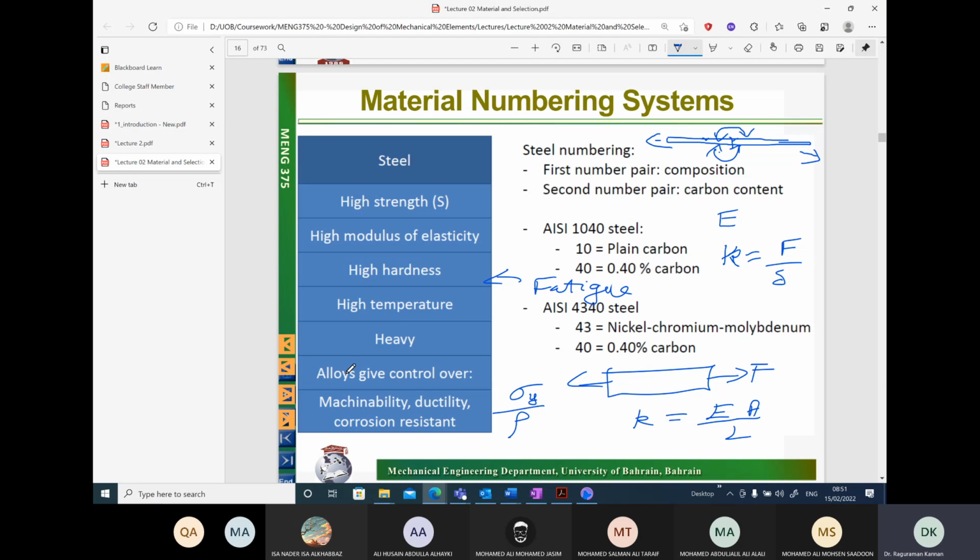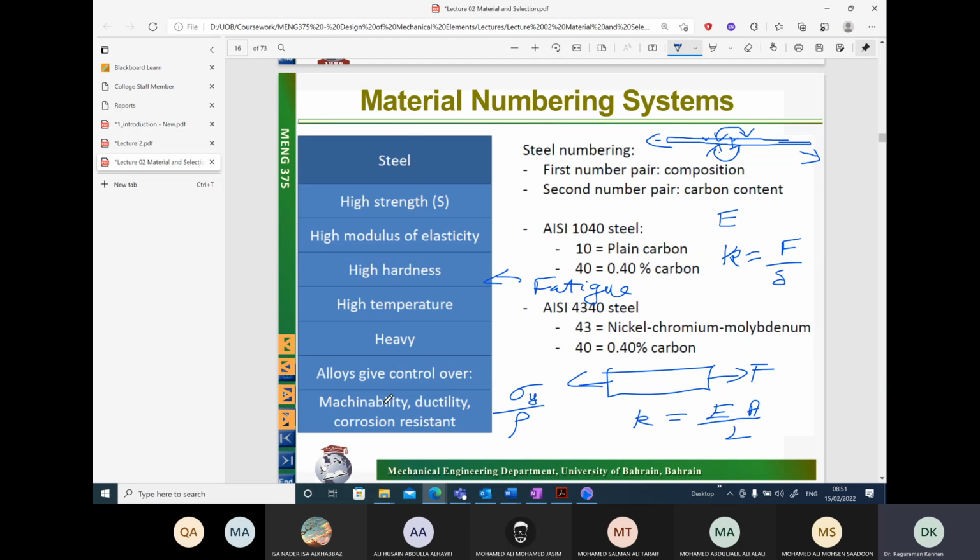By adding different amounts of elements, for example nickel, chromium, molybdenum, etc., we also get very much desired properties in steel, and we can do these things easily with steel. For example, if you add chromium, it leads to corrosion resistance, which is a very important desired property in the material. Steel has very good ductility and machinability.